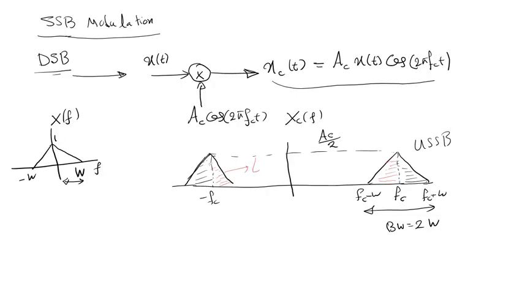We call it LSSB. There are two scenarios, two methods to have single sideband modulation: one is upper single sideband and the other is lower single sideband. There is no major difference between LSSB and USSB. They are actually the same. Let's continue with the USSB signal.